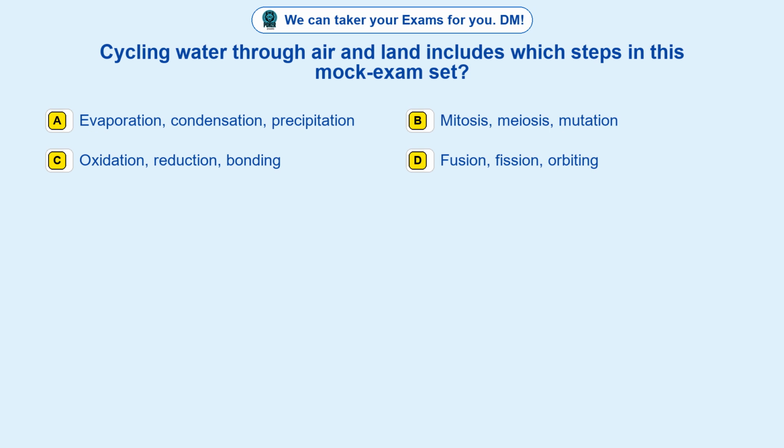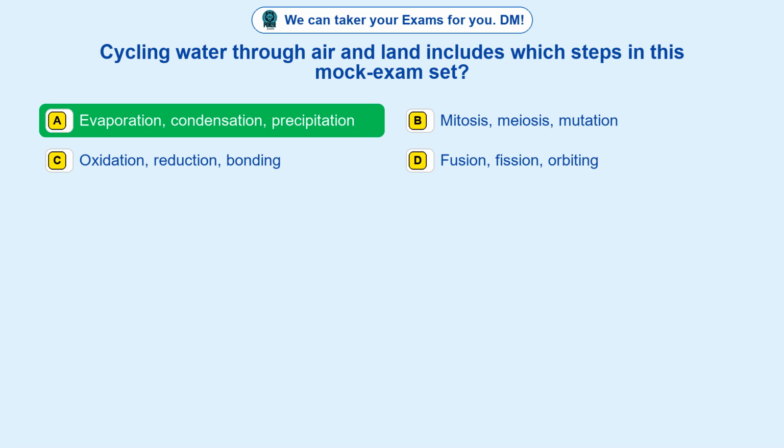Question 87. Cycling water through air and land includes which steps in this mock exam set? Option A, evaporation, condensation, precipitation. Option B, mitosis, meiosis, mutation. Option C, oxidation, reduction, bonding. Option D, fusion, fission, orbiting.